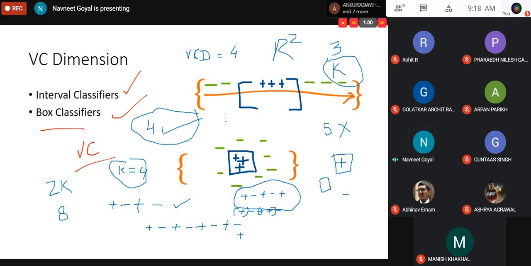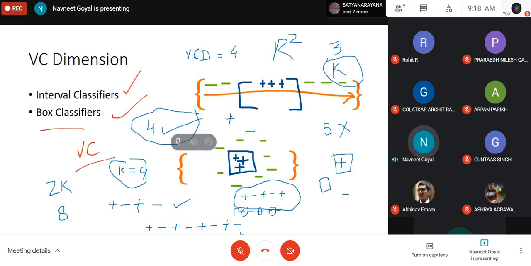So when one is positive and one is negative, it does not matter which one is positive and which one is negative. Can I construct a solution?